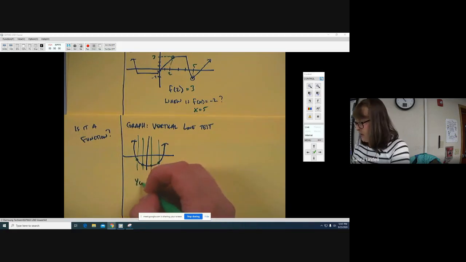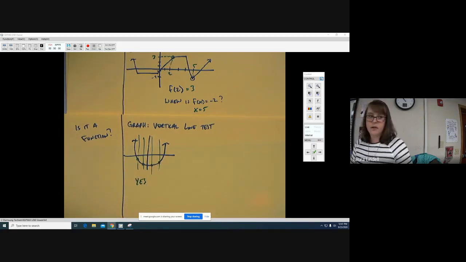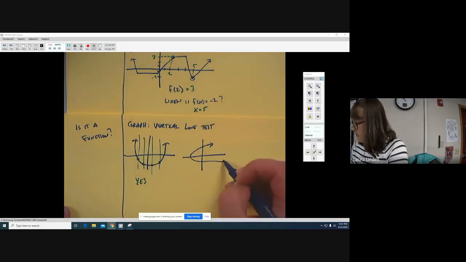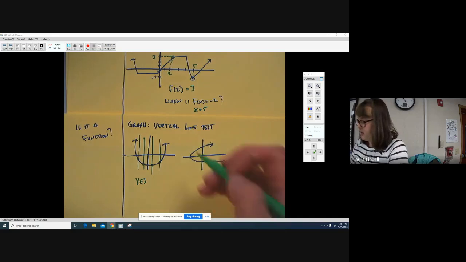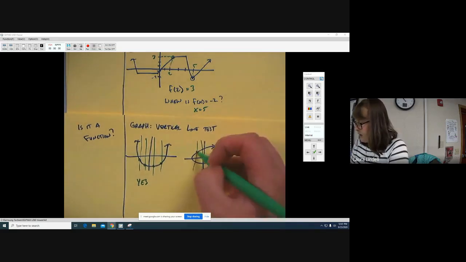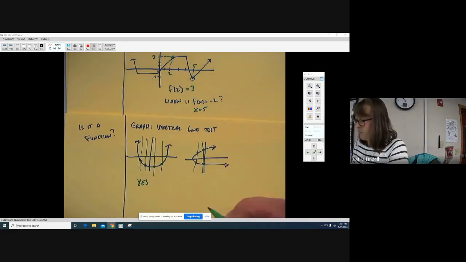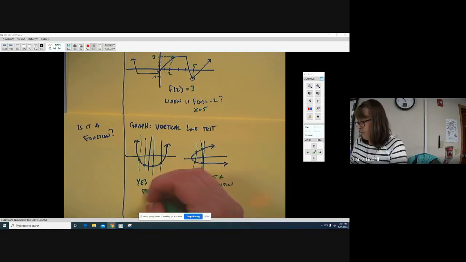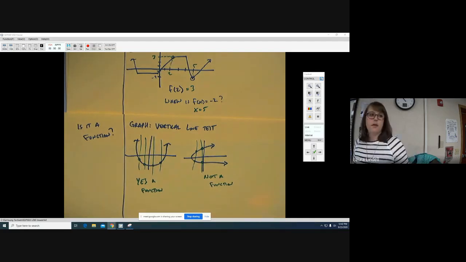So this would be a function. But if we've got something like this, the sideways parabola, and I draw a vertical line, it runs into my function more than one time. So this would not be a function. Okay, so that's how you tell graphically.